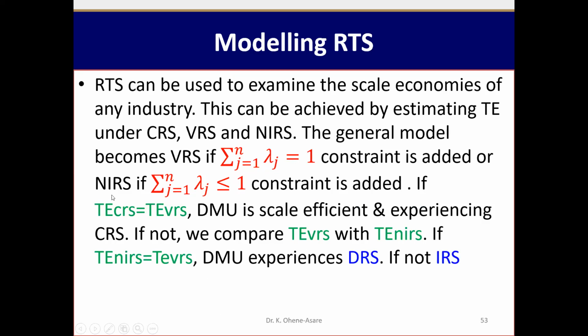When the technical efficiency score for the CRS equals that of the VRS, then we have constant returns. If not, then we compare the VRS with the NIRS. When you compare and they are the same, then the firm is exhibiting decreasing returns. If they are not the same, then the firm is exhibiting increasing returns. But the good thing about the software you'll be using is that it will be doing all of this for you. But you need to understand what is really happening there.